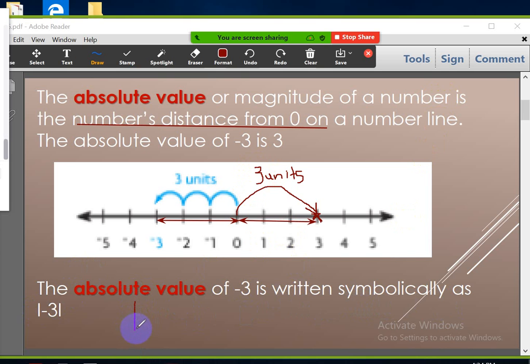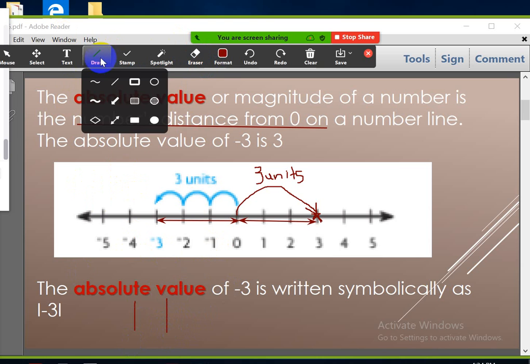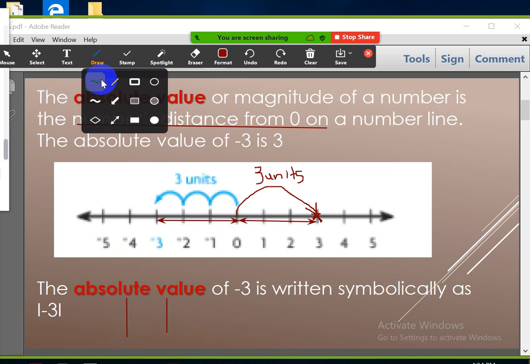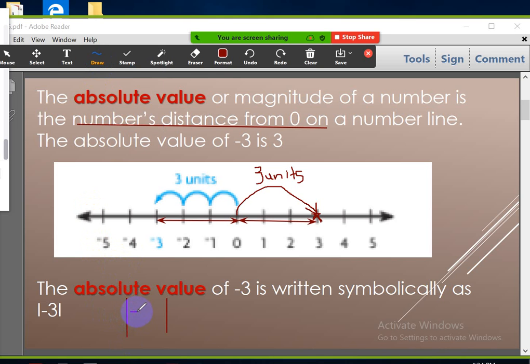I have to draw small vertical lines, like this, and put the number between them. That means it will be negative 3 between the lines.